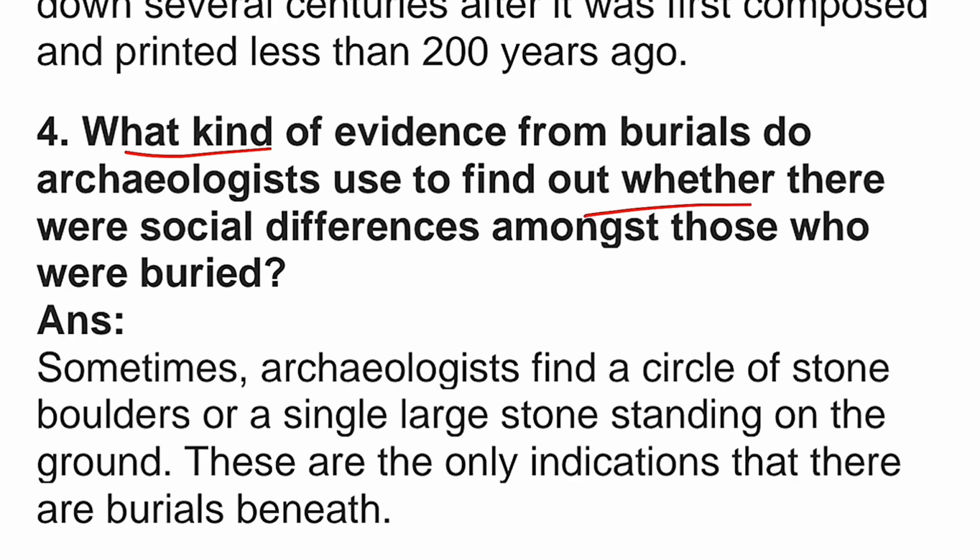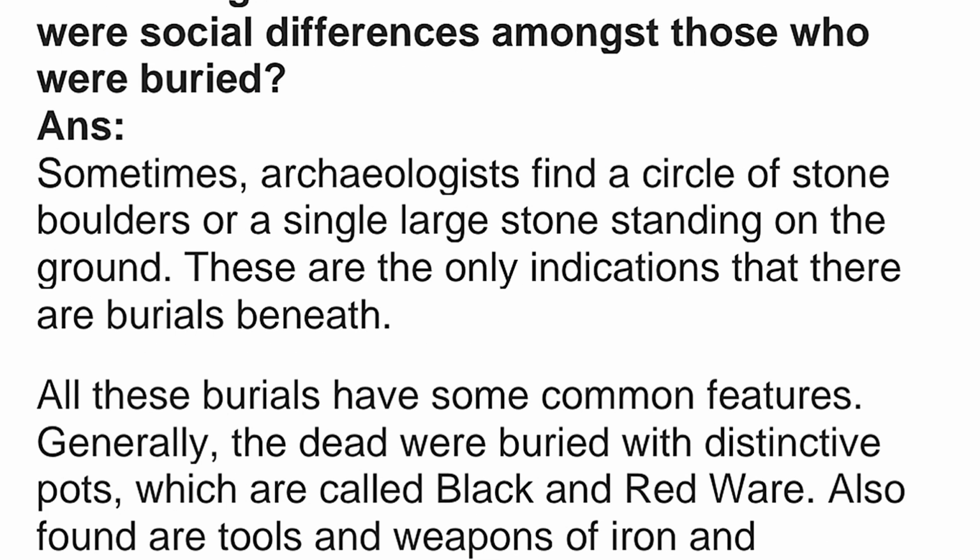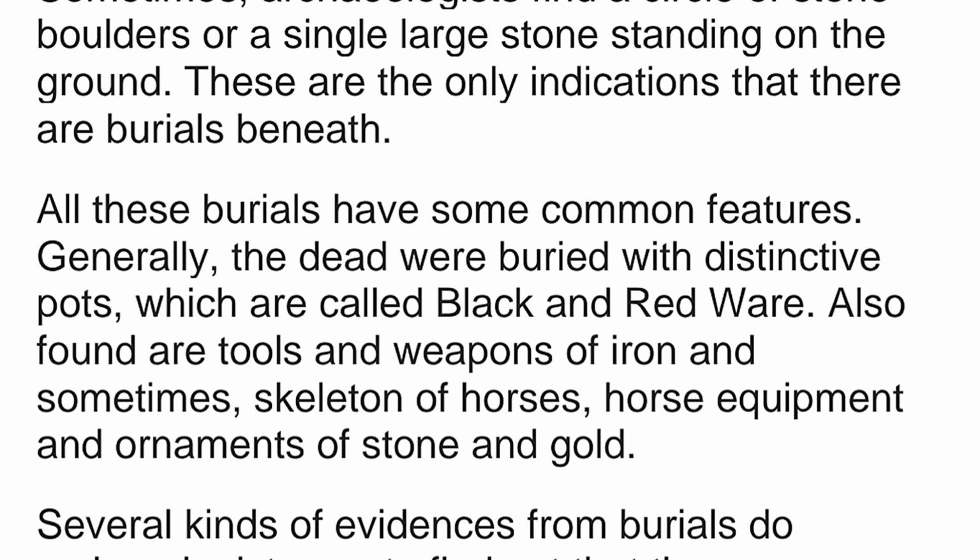Next question 4 is what kind of evidence from the burials do archaeologists use to find out whether there were social differences amongst those who were buried? Answer is sometimes the archaeologists find a circle of stone boulders or a single large stone standing on the ground. These are the only indication that there are burials beneath. All these burials have some common features.